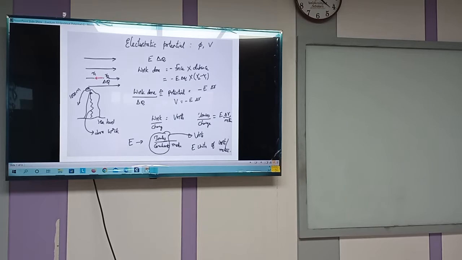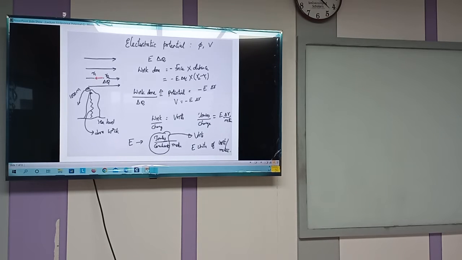So if I want to define electrostatic potential, let me first talk about the point charge. Back to the point charge over here, we know how to calculate its electric field. So there is an electric field out there, okay? Now I choose a particularly interesting electric field pattern, right? Let's say I do not want to choose the point charge.